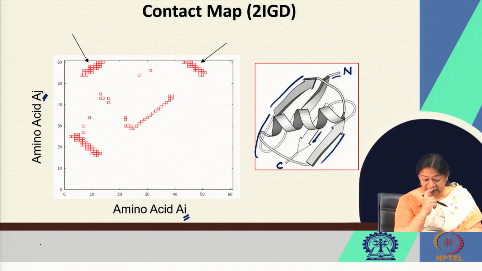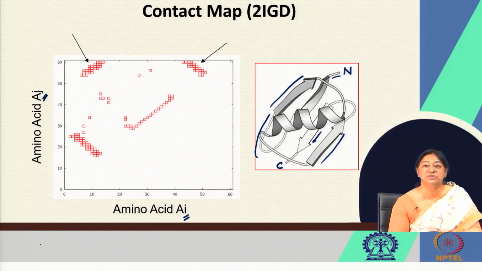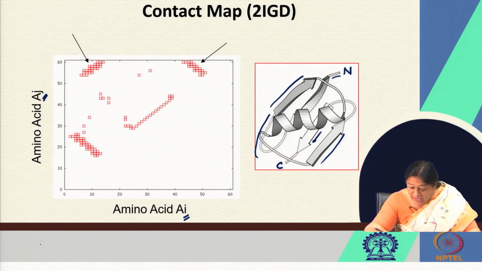So, if we try and now identify the regions of the protein that are close to one another in the specific types of beta sheets or the beta strands that we look at, and the alpha helix that we can see.